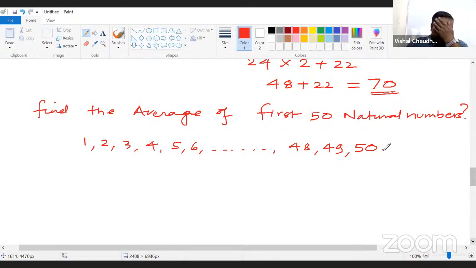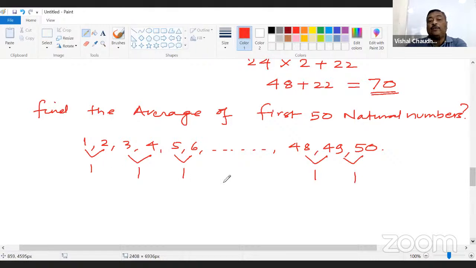Now, when we have this type of question where we have continuous numbers, understand first what a continuous number is. Continuous numbers are numbers where the difference between any two adjacent numbers always remains the same. Example, here the difference between any two adjacent numbers is always 1. You take 5, 6, or 3, 4, or 48, 49, or 49, 50.